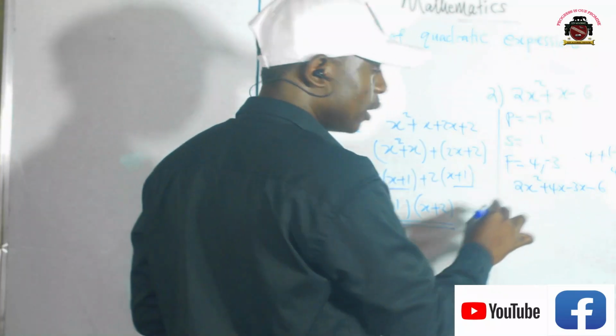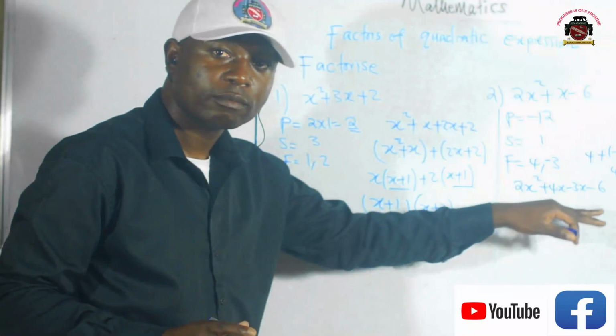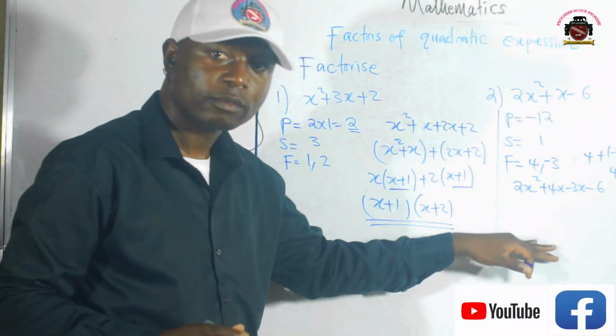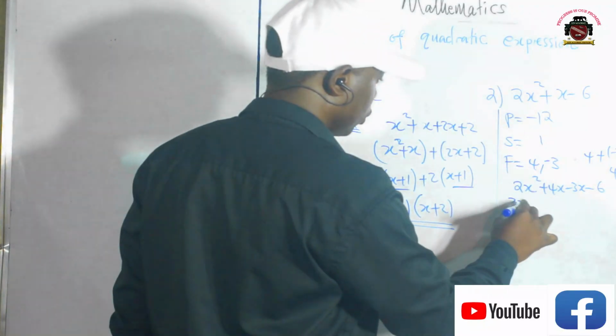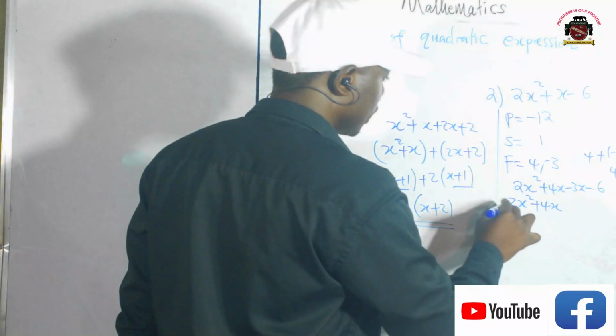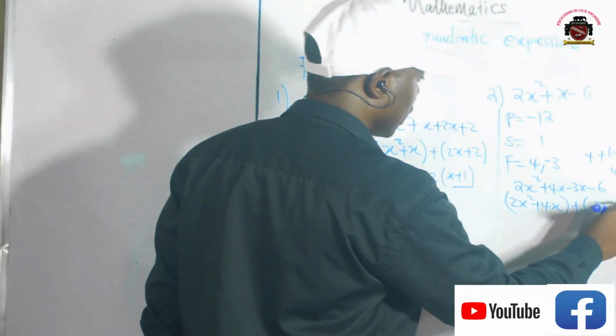Then we group these. Here we say 2x squared plus 4x, and you group this one, plus negative 3x minus 6.